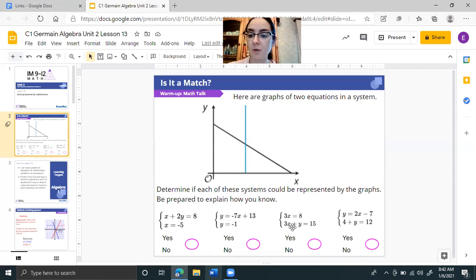Let me know in the chat when you get them. Yes or no. Make sure that you're looking at the values in these equations as well. Do these values make sense with where these lines are?